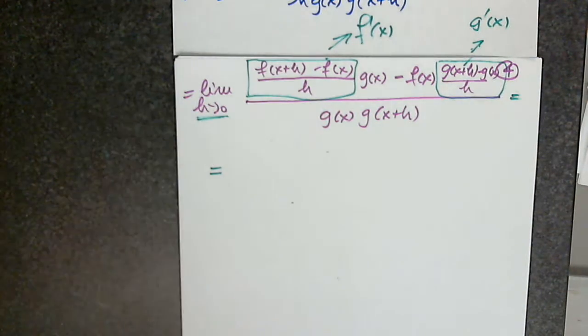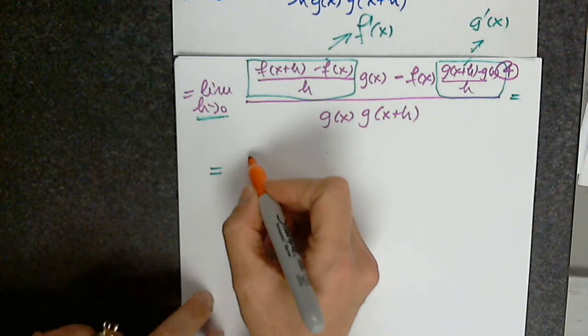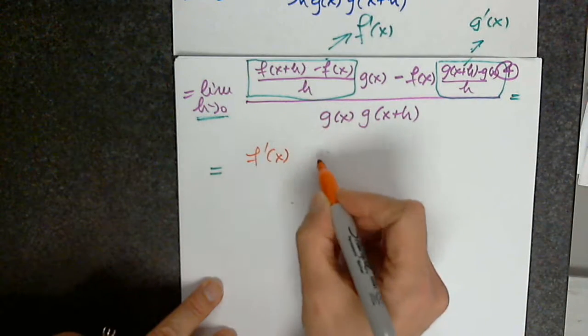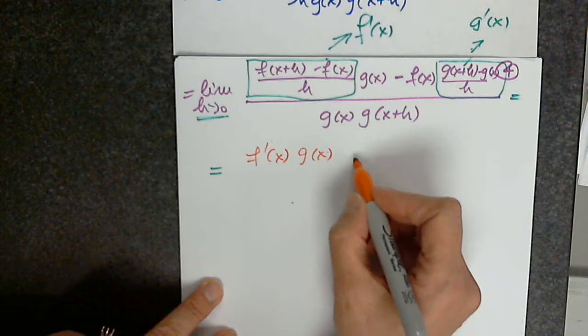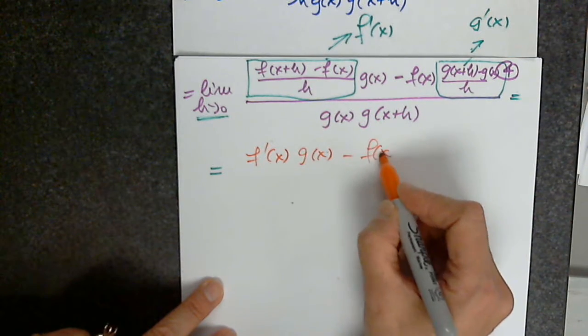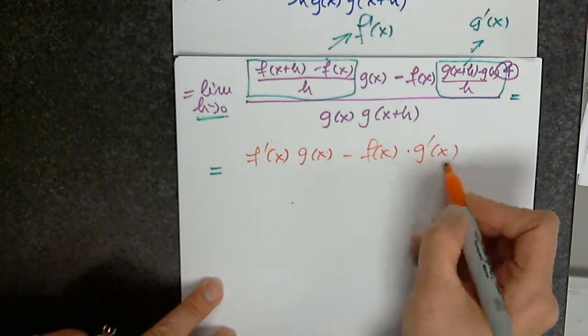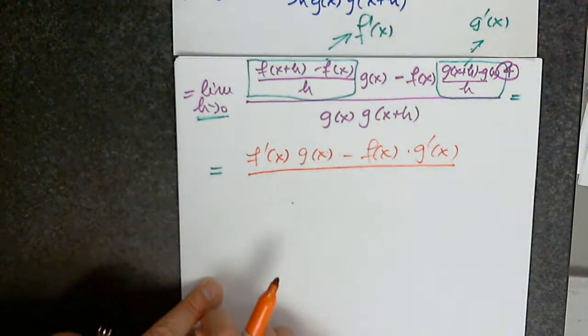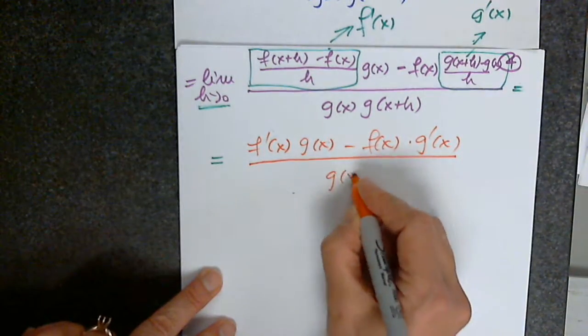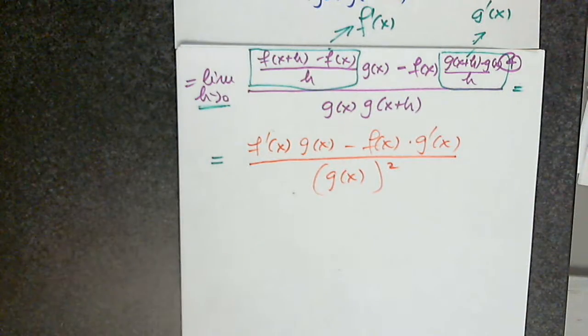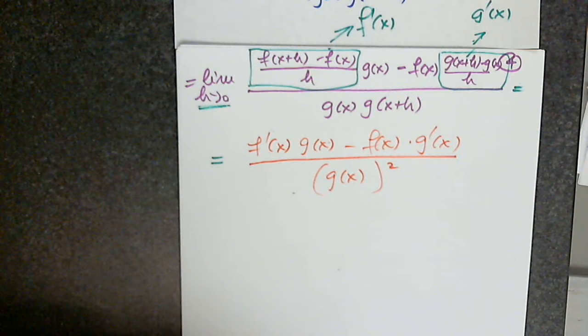When I write the final answer, the limit operator goes away. Thank you so much. It's done in the same way with the product. Just there is no denominator.